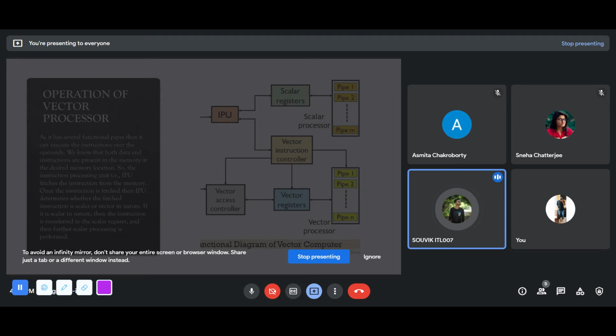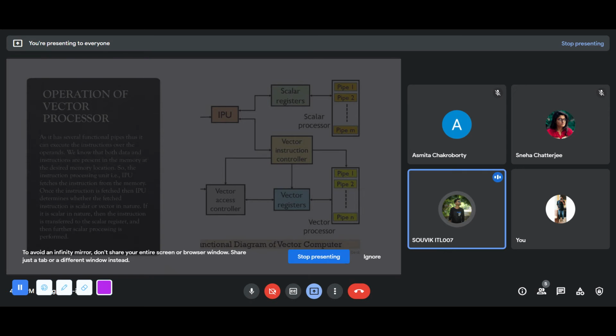As it has several functional pipes, it can execute the instruction over the operands. We know that both data and instruction are present in the memory at the desired memory location. So the instruction processing unit, IPU, fetches the instruction from the memory.